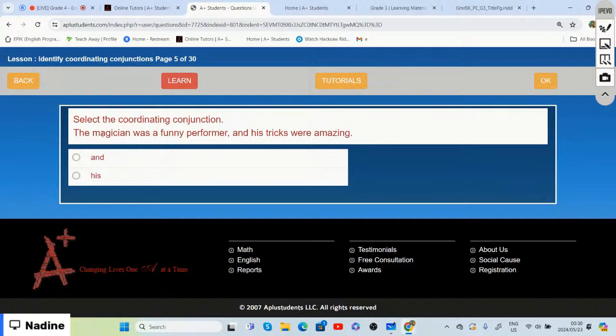All right. The magician was a funny performer, and his tricks were amazing. So the coordinating conjunction, is it and or is it his?